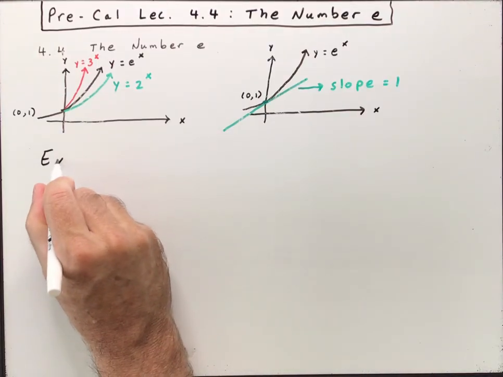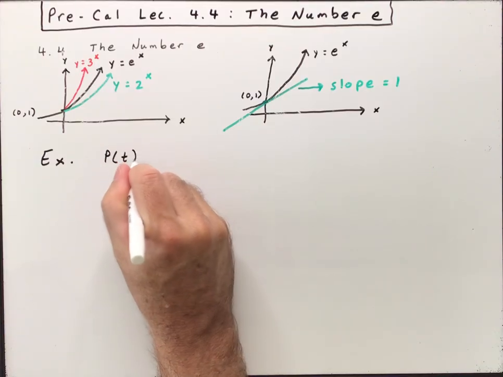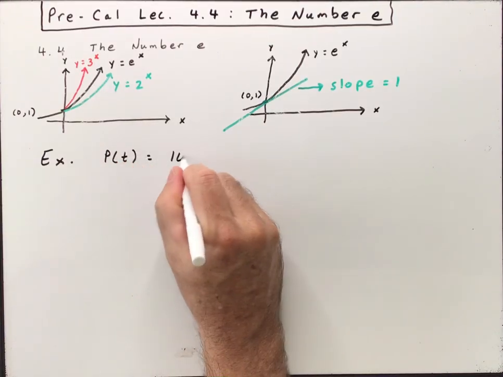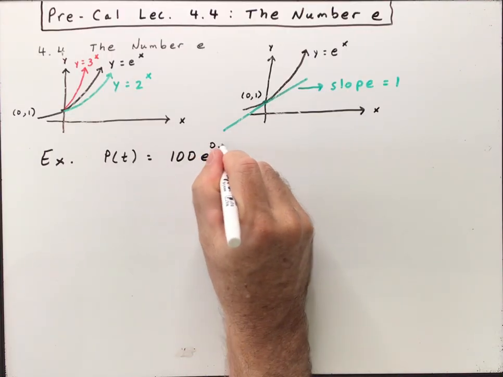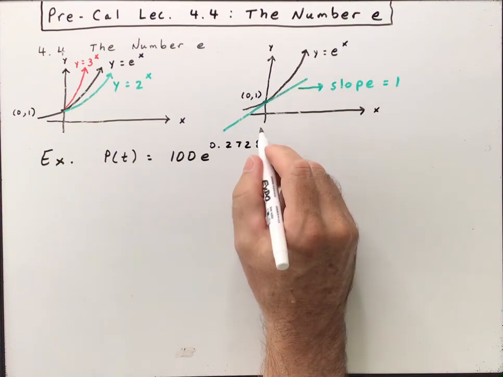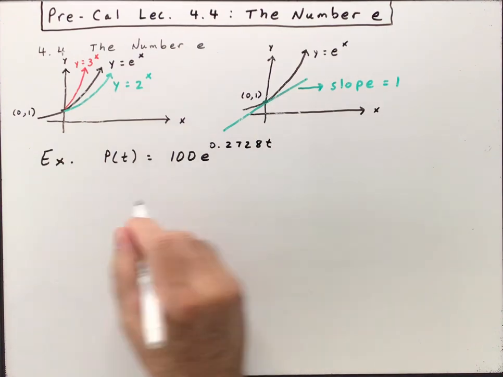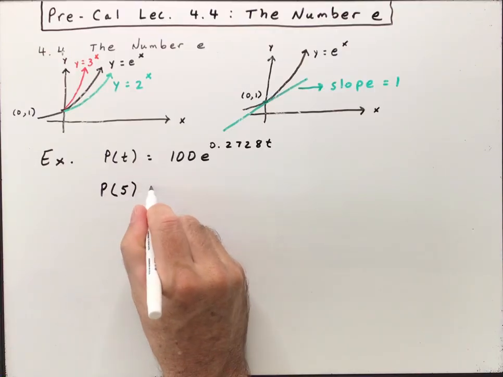Okay, so our model is P of t is equal to 100 e to the 0.2728 t. After 5 hours, we want to find how many bacteria after 5 hours, so that's P of 5.